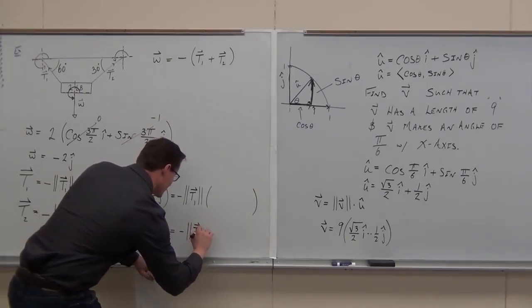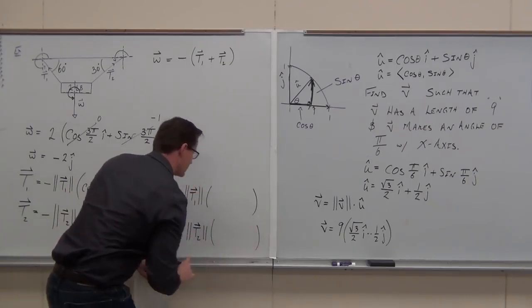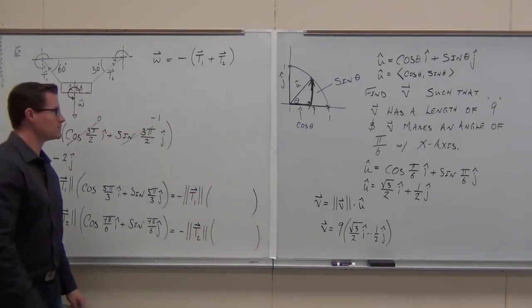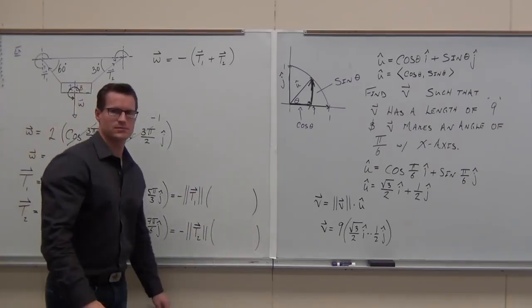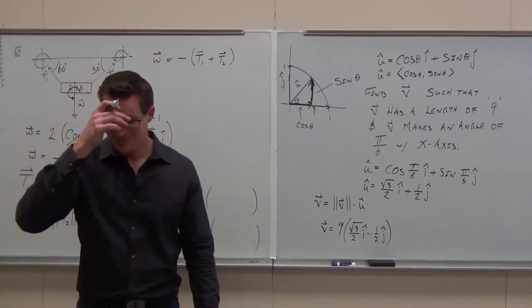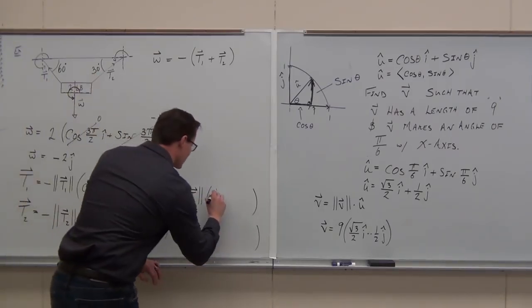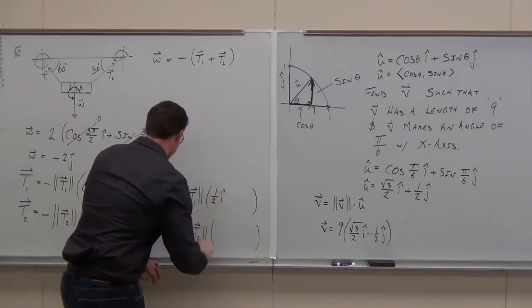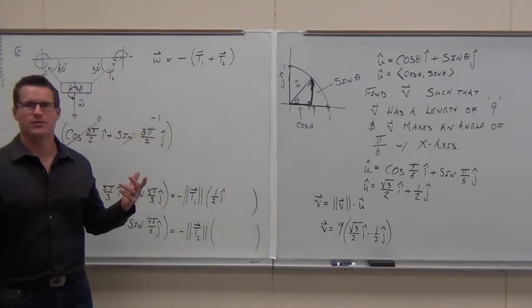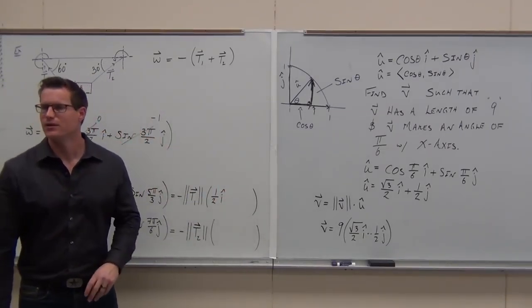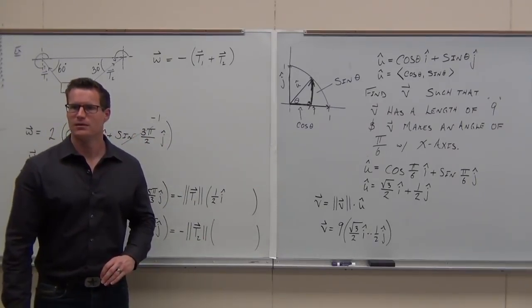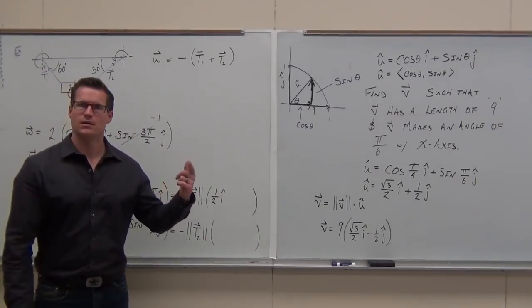Let's do it. It's positive 1 half. You're supposed to know. Is it negative half? Good first. Do you know what sine of 5 pi over 3 is? It's probably the other one, and probably negative. Negative square root of 3 over 2. Oh, it's this. Yeah.